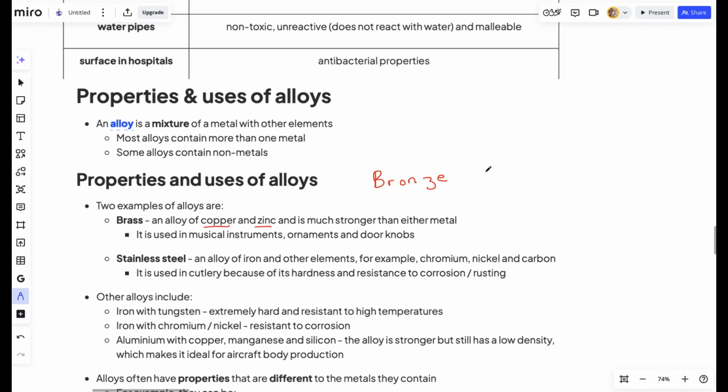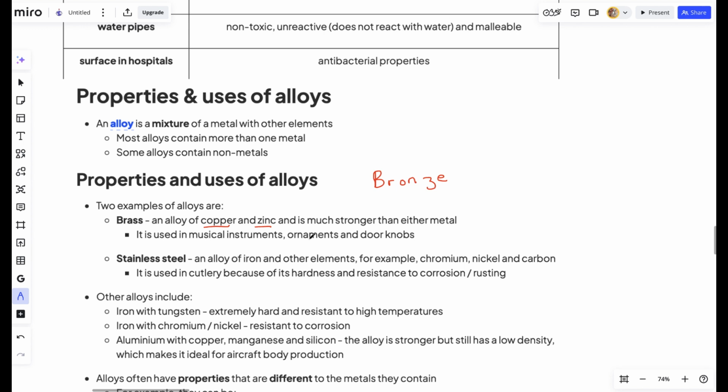Brass is an alloy of copper and zinc. So it is ordinarily stronger than the pure copper, and at the same time stronger than the pure zinc. The combined alloy, which comprises copper and zinc, is stronger than each of the individual metals.